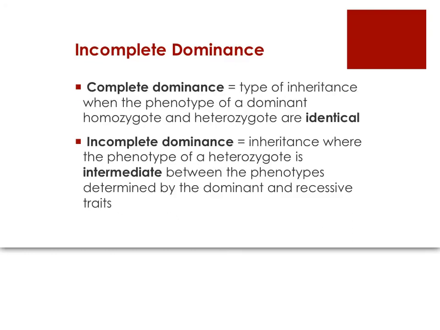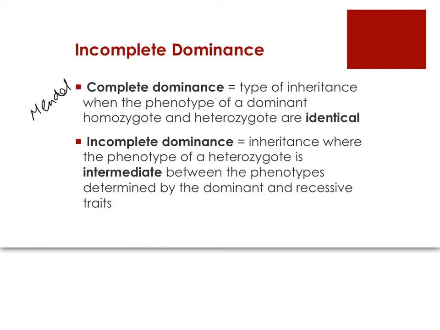So what we're going to talk about first is incomplete dominance. Complete dominance is what Mendel was working with in his P's. Complete dominance is the type of inheritance when the phenotype of a dominant homozygote or heterozygote are identical.